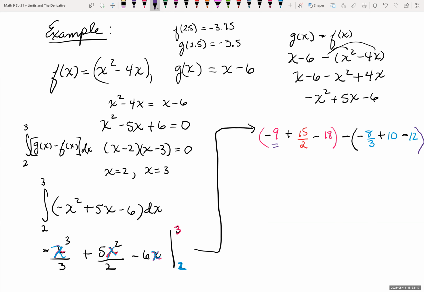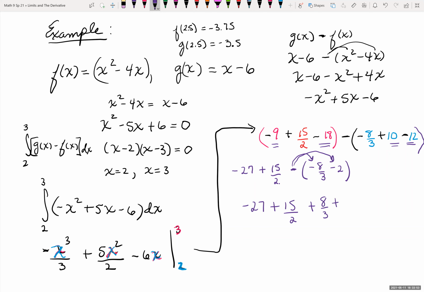So maybe just combine right now integers. So negative 9 minus negative 18, so that's negative 27 plus 15 halves. Minus negative 8/3 right here. This is a negative 2: 10 minus 12 is negative 2. But distributing this negative is going to make these positive. So negative 27 plus 15 halves plus 8/3 plus 2.